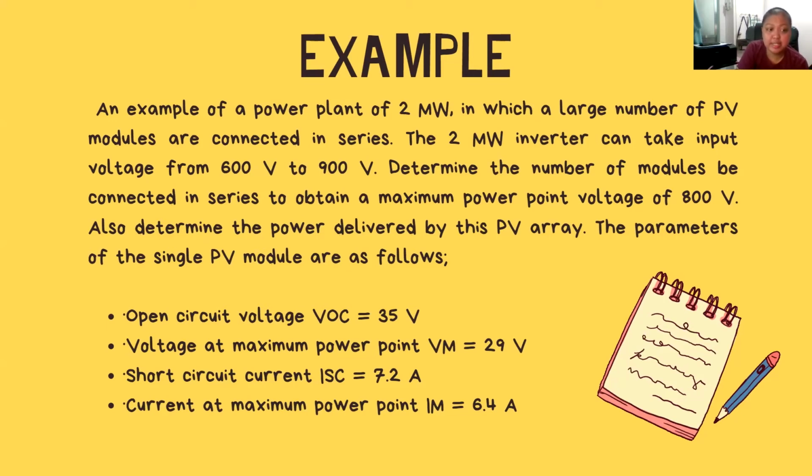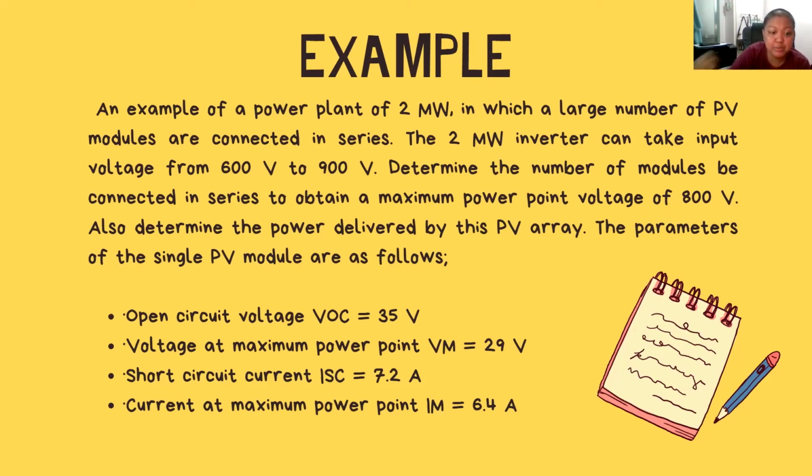So the first step is we take note of the voltage requirement of the PV array. The PV array open circuit voltage is not given and the PV array voltage at maximum power point is said to be 800 volts, right?